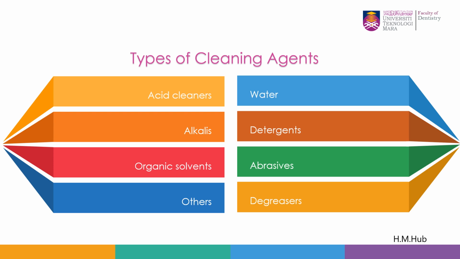However, these cleaning agents are actually based on several chemicals or active ingredients. These are the types of cleaning agents available: acid cleaners, alkalis, organic solvents, water, detergents, abrasives, degreasers, and others. These are the types that you may find in the supermarket when you go shopping.